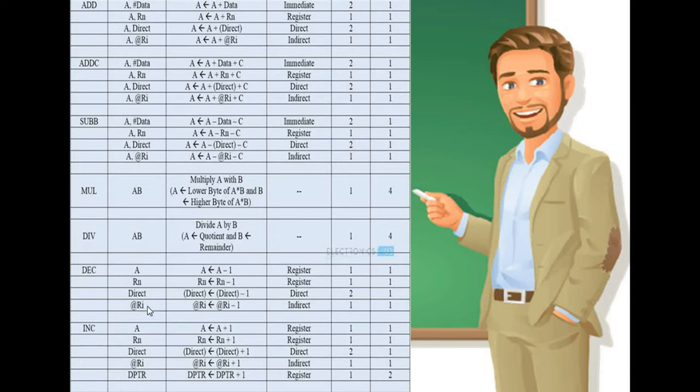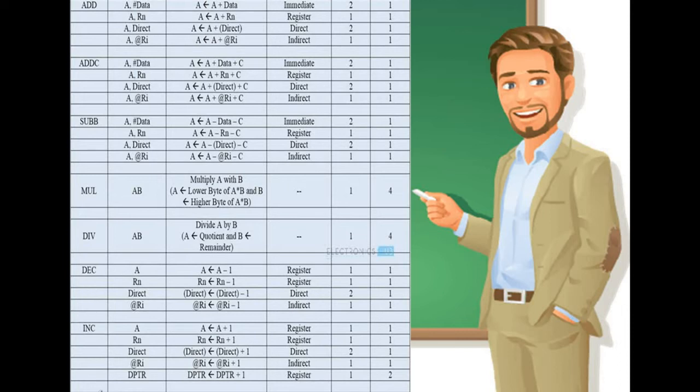Decrement @Ri equals @Ri minus 1. That means the location is decremented by 1. Okay, increment, it will be incremented by 1. The inverse of decrement is increment.